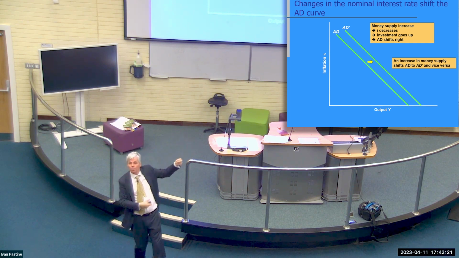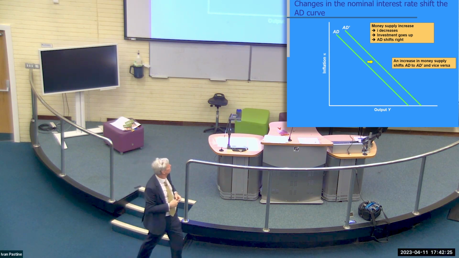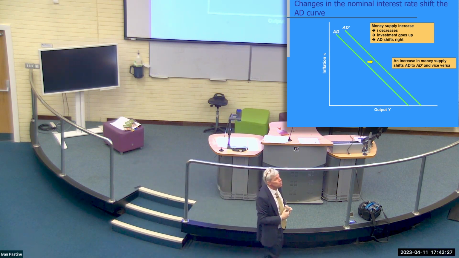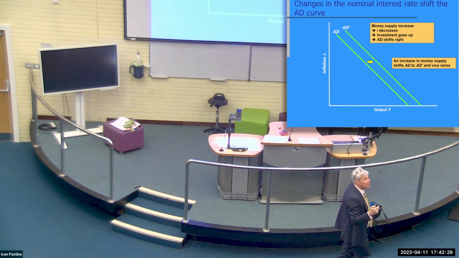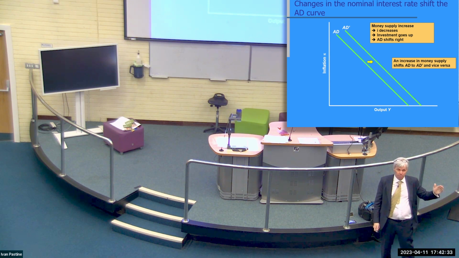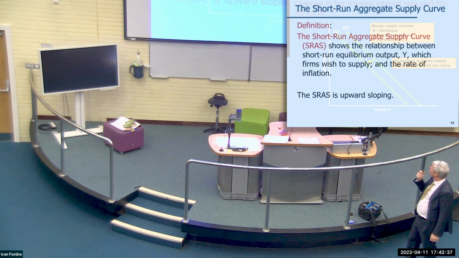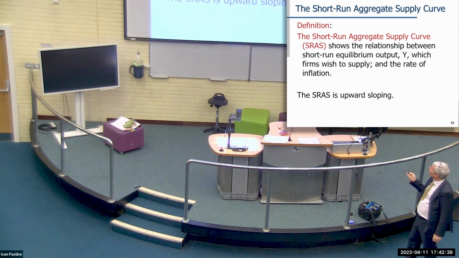If I goes up, we just shift this thing to the right. Okay. Exactly the same. So fiscal and monetary policy are going to have the effect of shifting this curve left and right. Okay, that's aggregate demand.